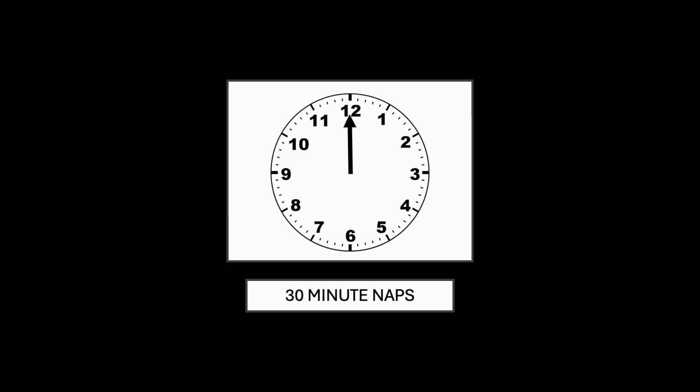Now, if we go greater than half of the frequency of the clock, at 45-minute naps, things get even more confusing. It goes from the 12, then we wake up and it's at the 9. We take another 45-minute nap and it goes from the 9 to the 6, another 45 minutes later to the 3, and then to the 12.